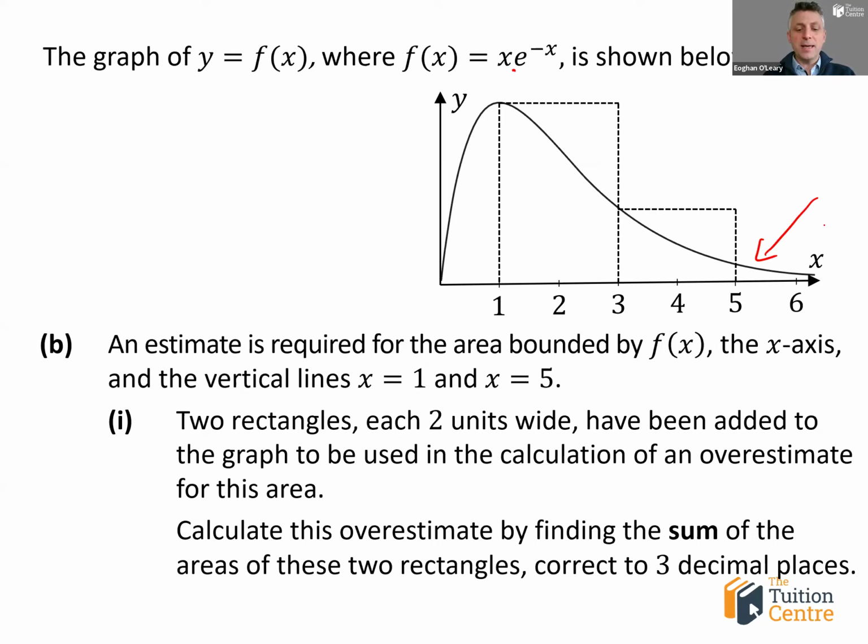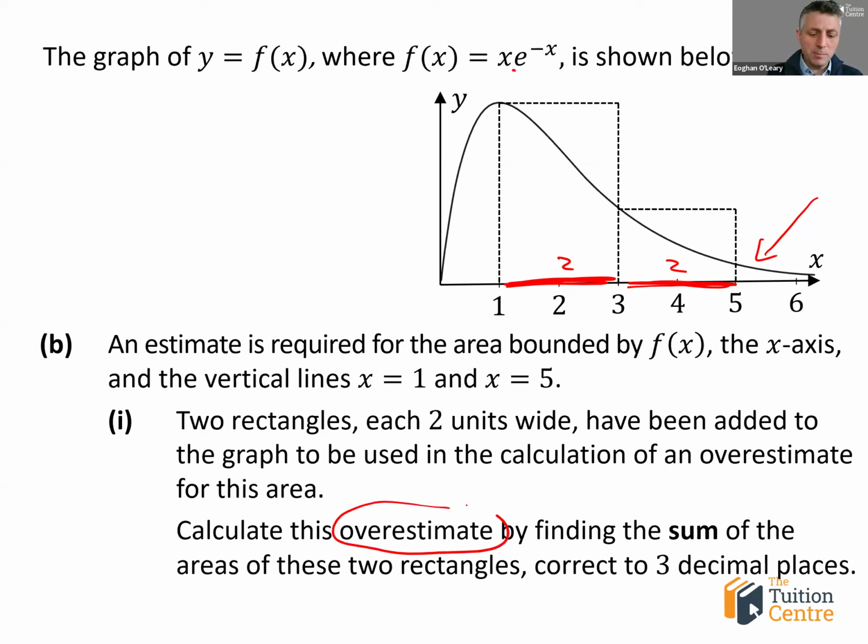Two rectangles, each 2 units wide, have been added to the graph to be used in the calculation of an overestimate of this area. So an estimate, but it will be an overestimate. Calculate this overestimate by finding the sum of the areas of the 2 rectangles correct to 3 decimal places.